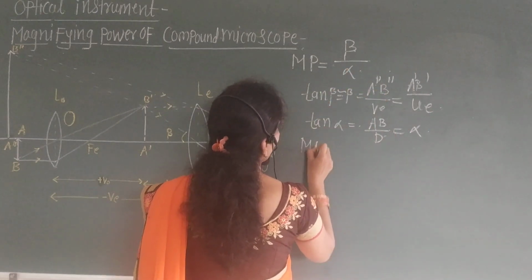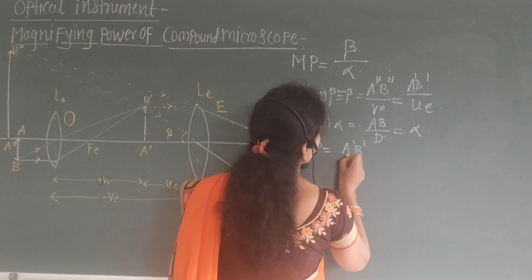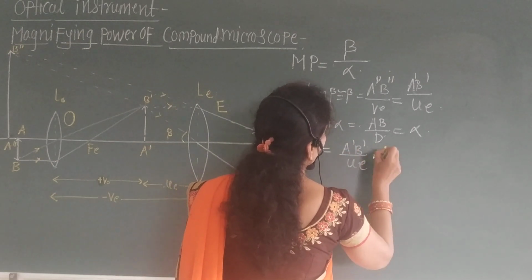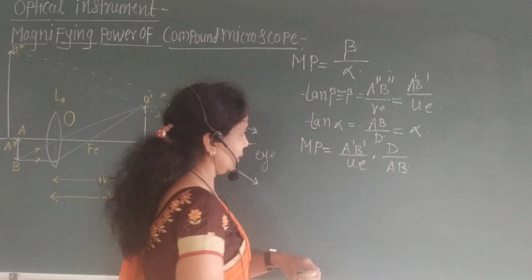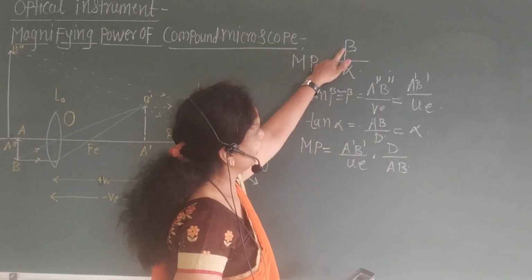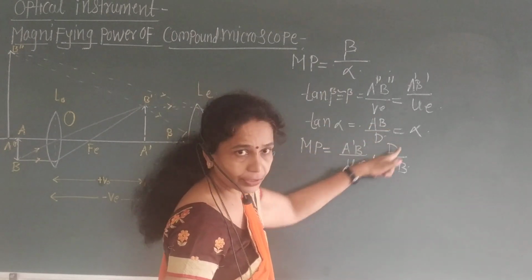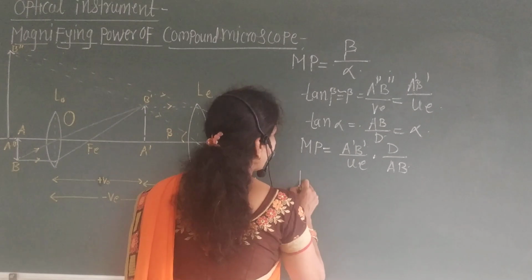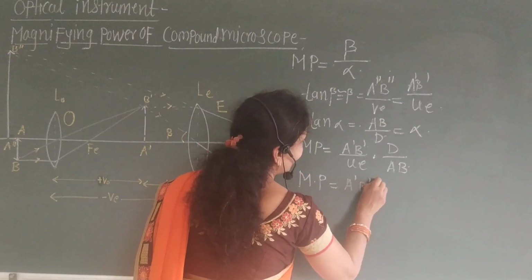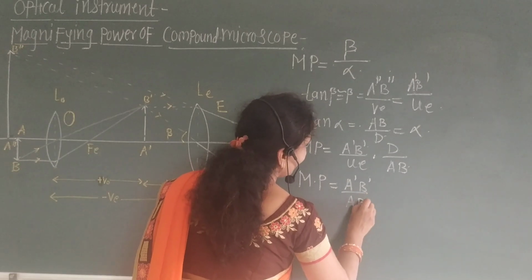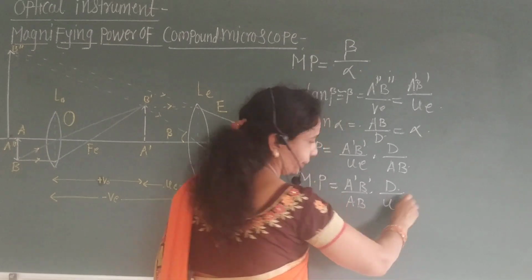Therefore, MP is equal to beta upon alpha, which is A dash B dash upon UE into D upon AB. We put in the value of beta, and alpha is AB upon D, therefore it becomes D upon AB. Rearranging this equation, MP is equal to A dash B dash upon AB into D upon UE.